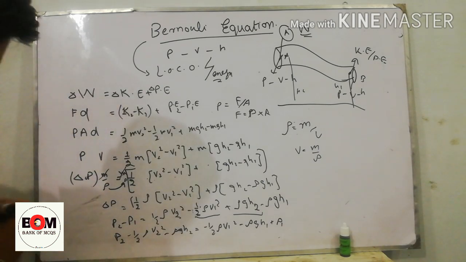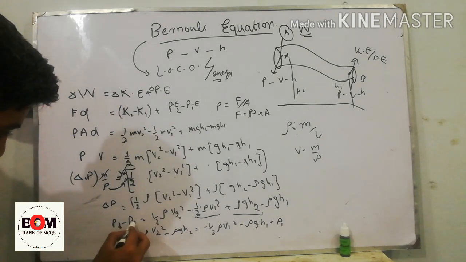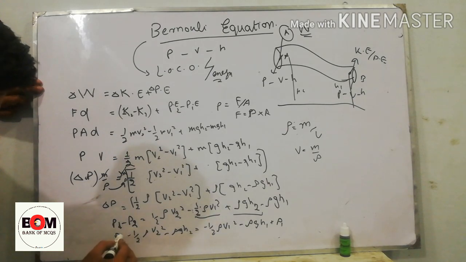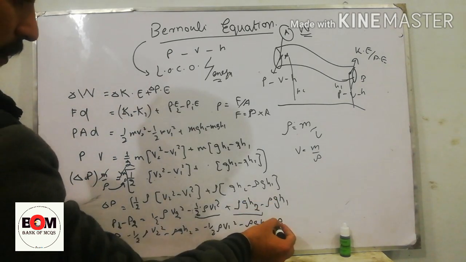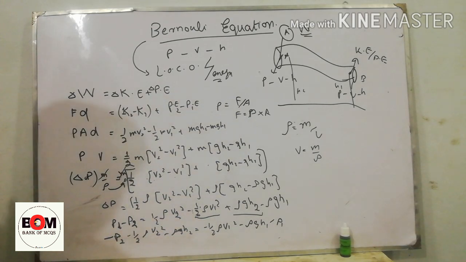The delta P is P1 minus P2, so this will be minus P2 and this will be minus P1.